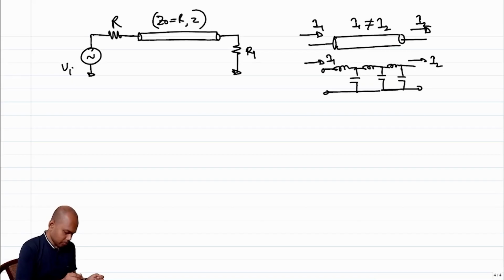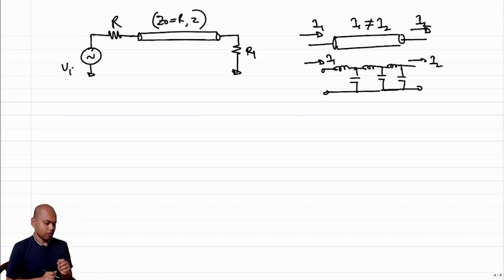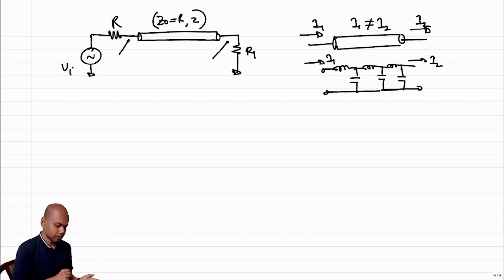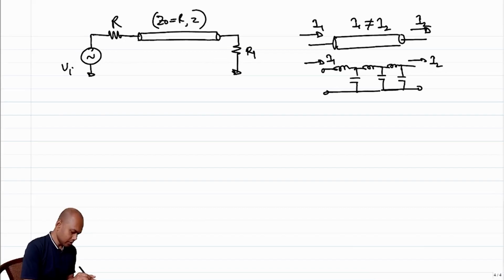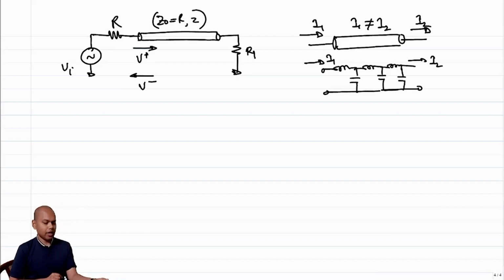What I would like to see is what happens to the voltage waveforms at this node and at this node, as time progresses and as we launch the waveform from Vi. Okay, so let's start. What is our modus operandi? I will assume that there is a forward going wave V plus, and there is a reflected wave V minus at this interface.